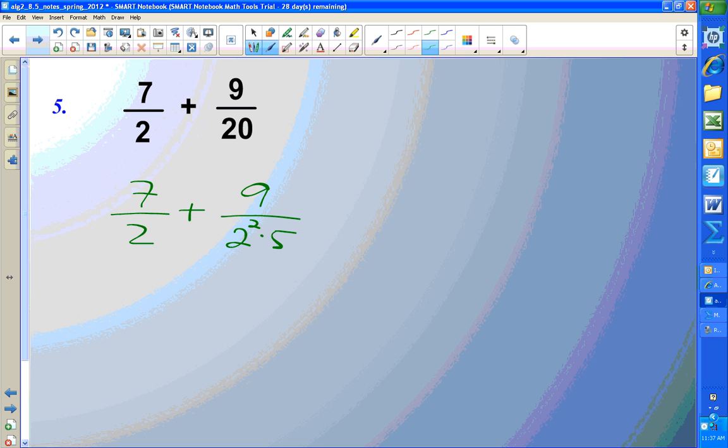The LCD for these two denominators has to have 2's and 5's. The 2 has to be raised to the power of 2. The highest power available on the 2 is squared. The 5, we only have one choice, and that's to the first. What do you need to multiply 2 by to get 2 squared times 5? How do you get the 10?